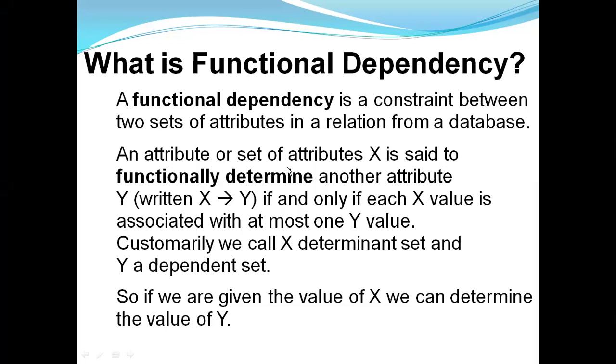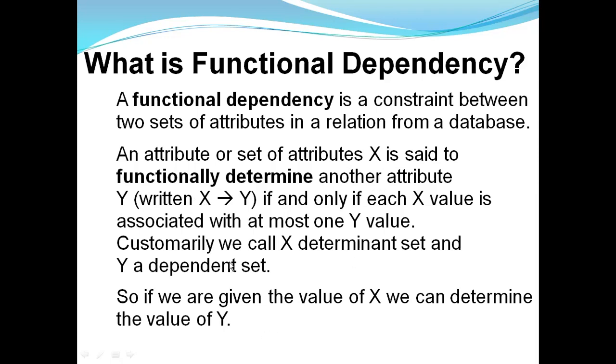Simply, we can say an attribute or a set of attributes X is said to functionally determine another attribute Y, always written this way: X determines Y. It means the value of Y depends on X, or the value of Y is determined by X. That's called a functional dependency.